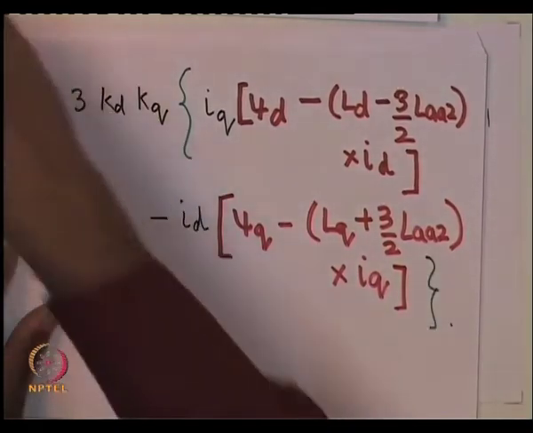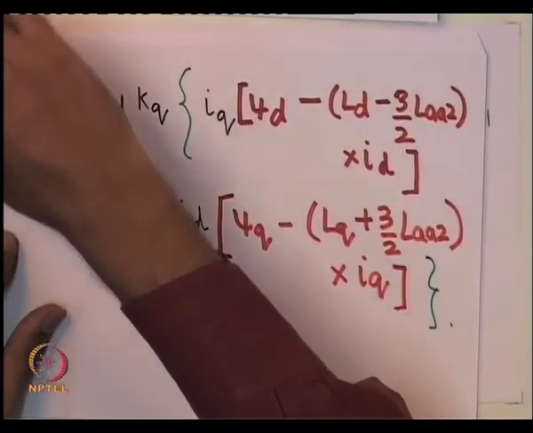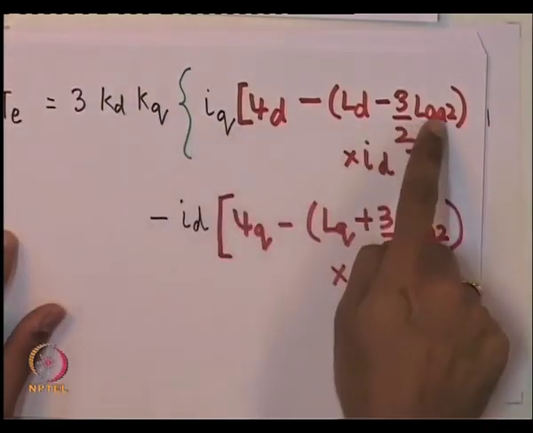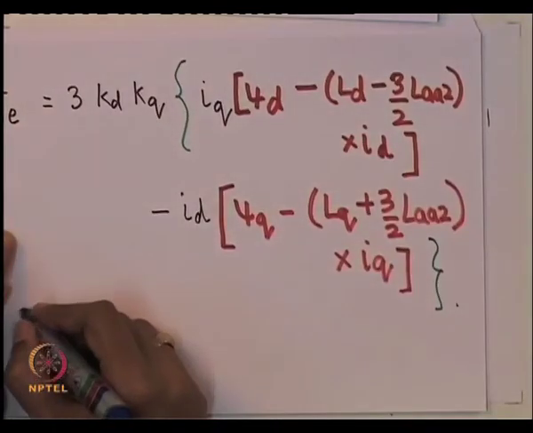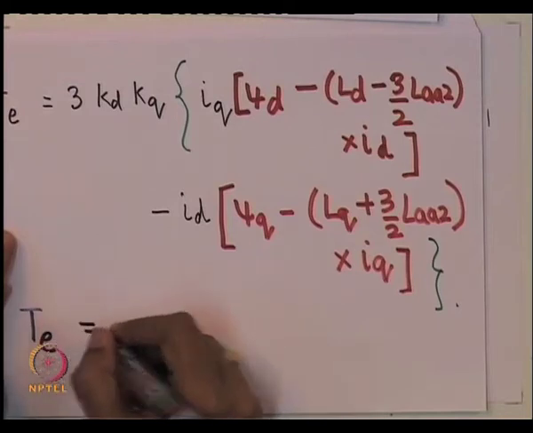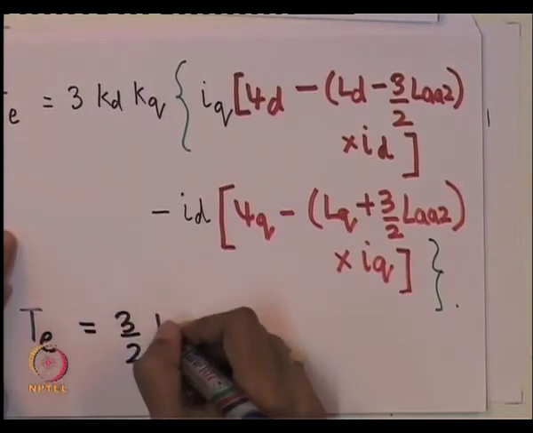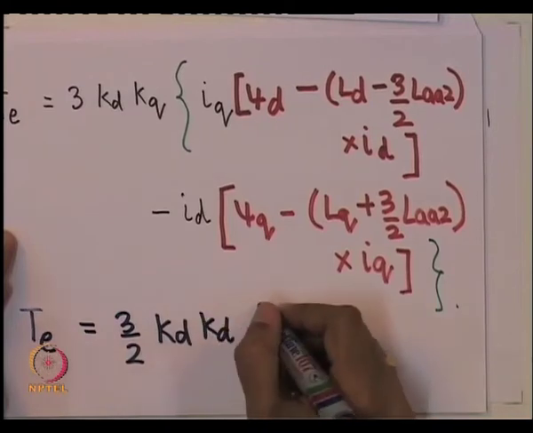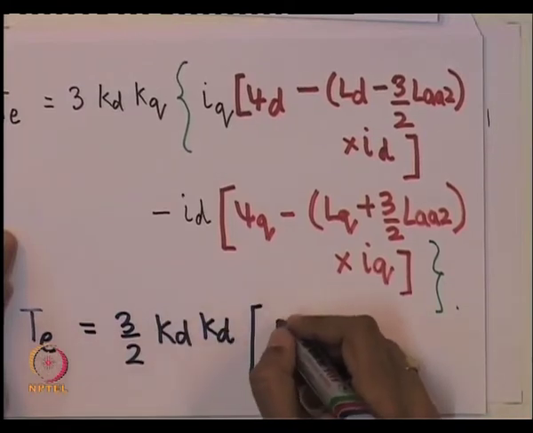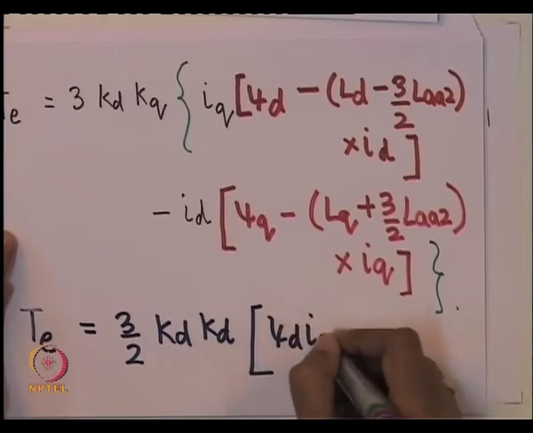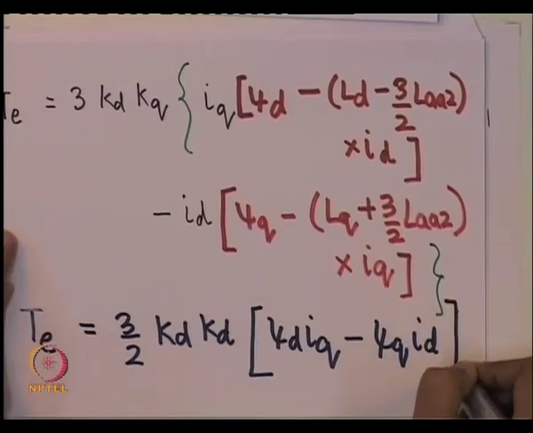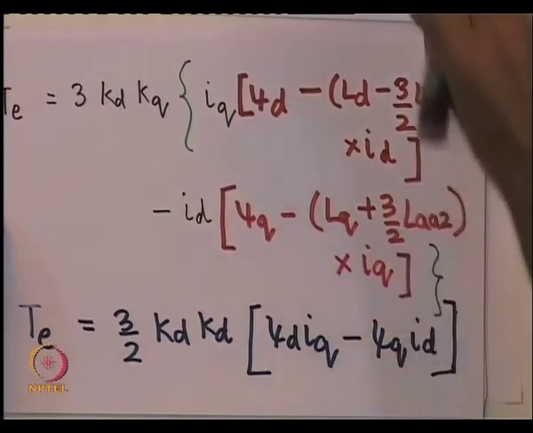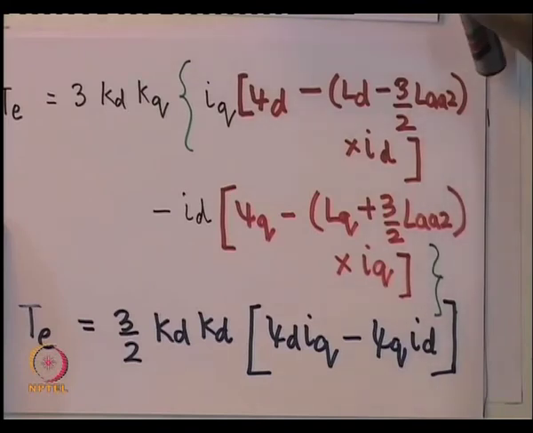Okay. So, from this, it is very easy to see, you can cancel off this term here, you will get really, after all the manipulations, finally it yields 3 by 2 times K D K Q psi D I Q minus psi q I D. In fact, there is a small correction here.